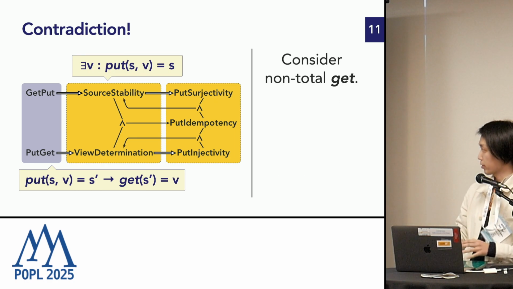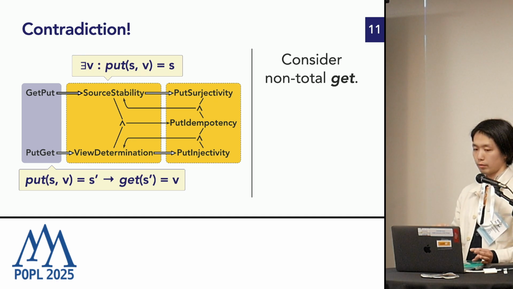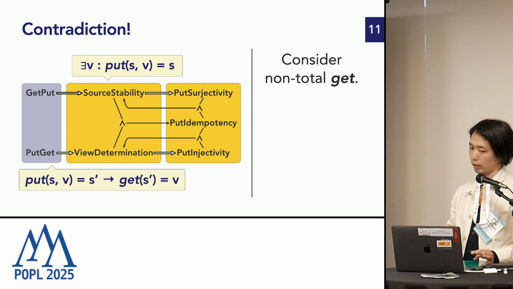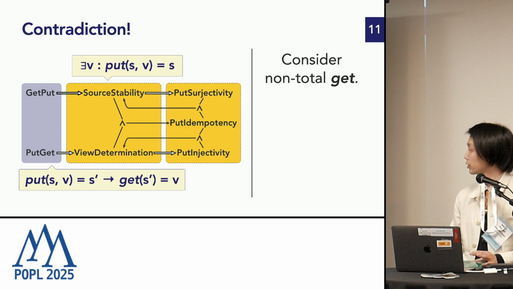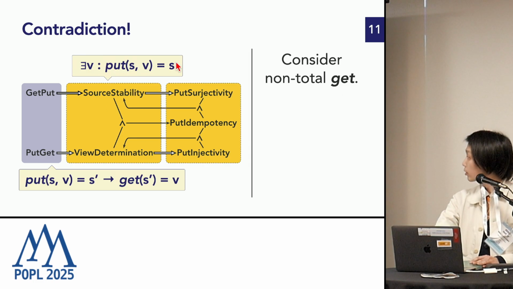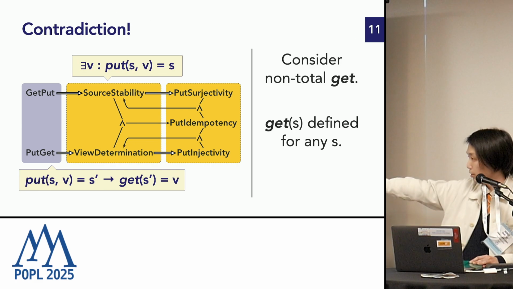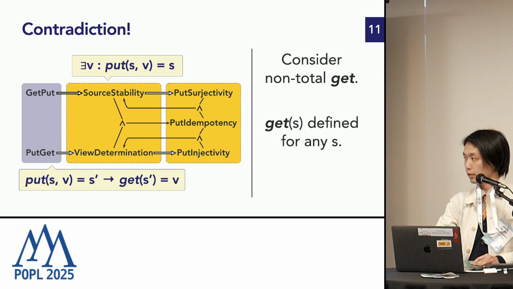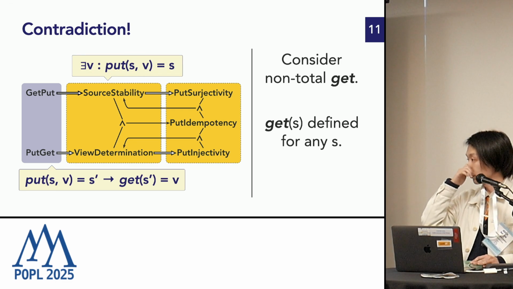I know that there are other lens laws, like very well-behaved or other laws, but I forget the names. Fischer et al. gave this theorem, and this is why we consider these problems.